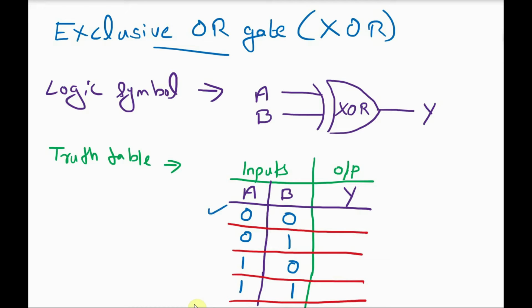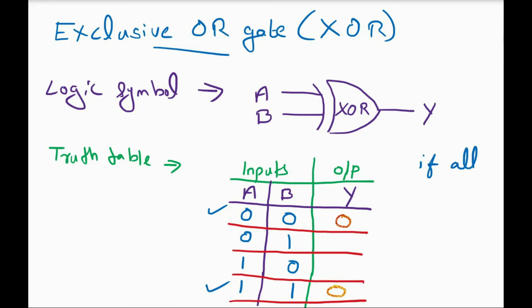In this case, both the inputs are same, that is A is 0 and B is 0. Similarly, in the last case also both inputs are same, that is A is 1 and B is 1. So for these 2 cases, the output will be 0 for an XOR gate. If all the inputs are same, then the output is 0.